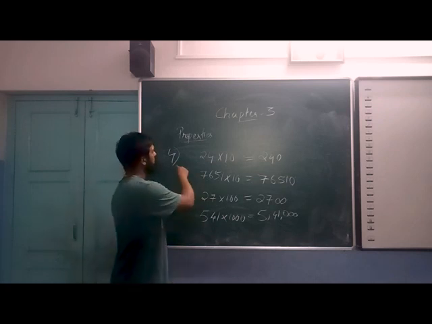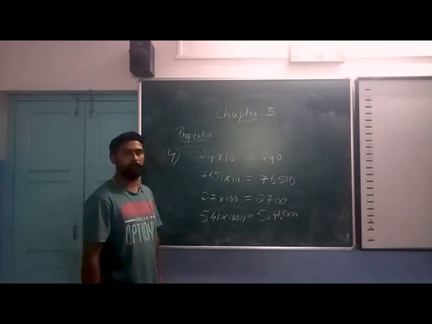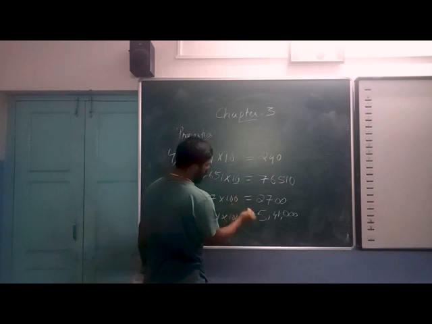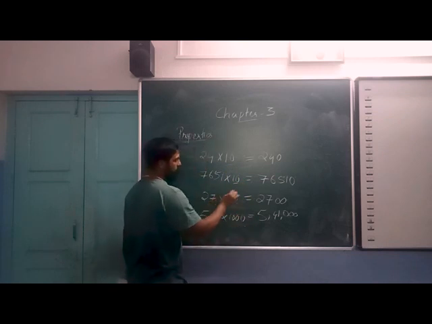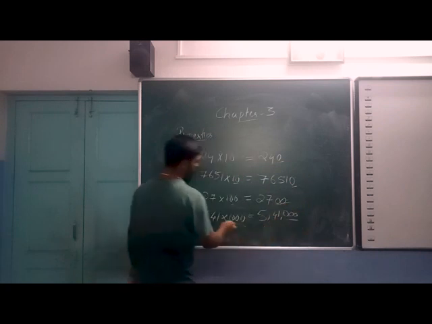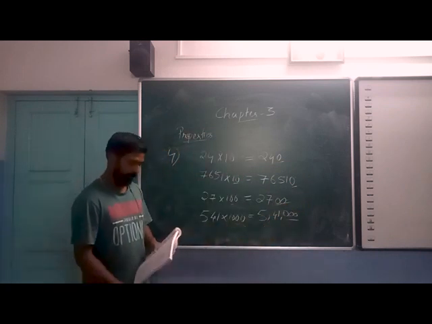And finally, the fourth one is the case of zeros: when you multiply with tens, hundreds or thousands, you just add zeros at the end according to the zeros with which you multiply.